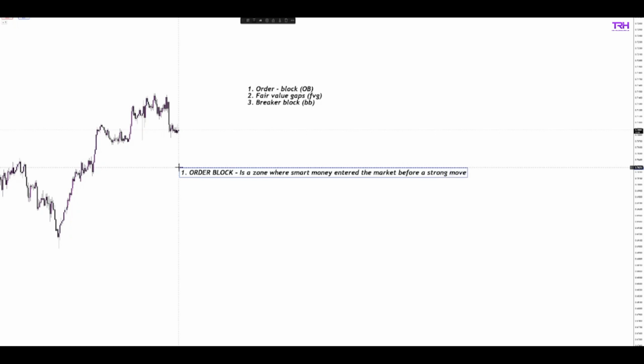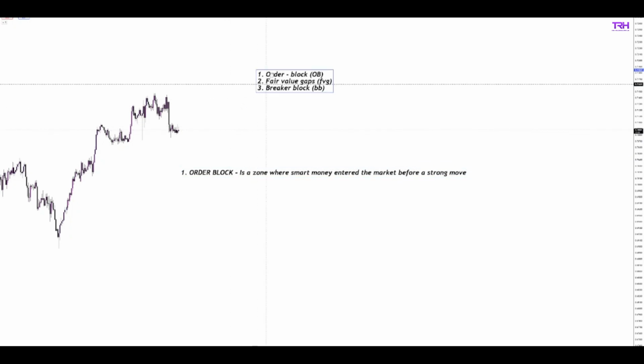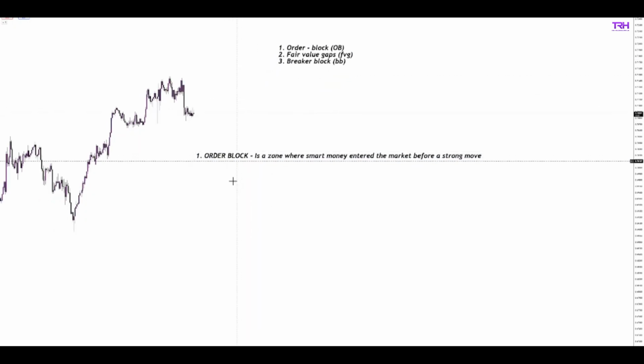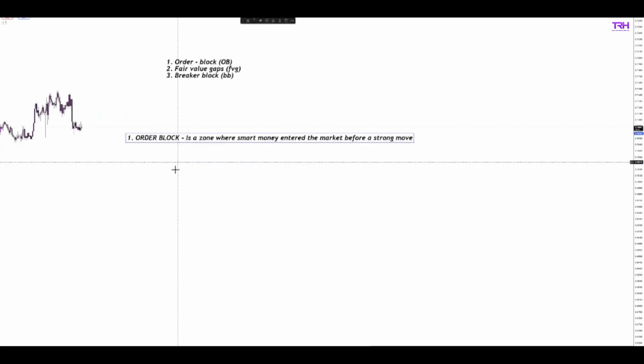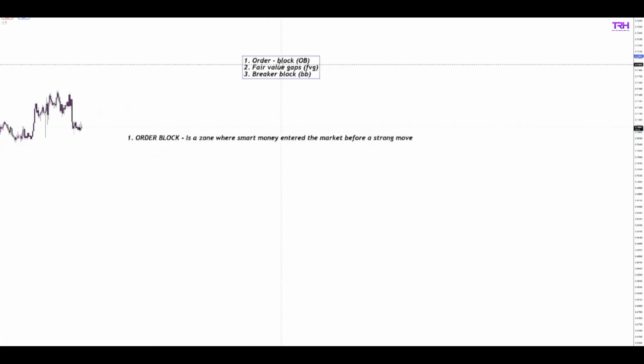That is what an order block is basically. An order block is a zone where smart money enters the market before a strong move happens.